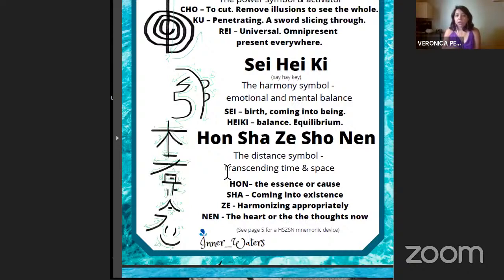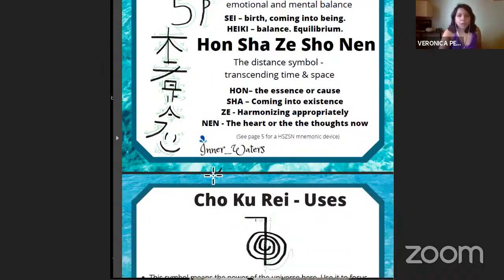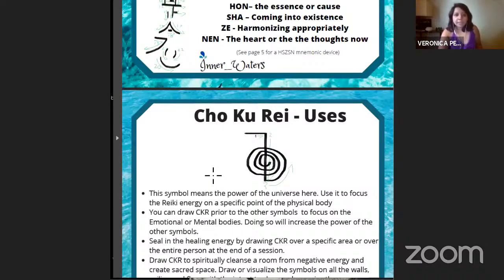Hon meaning the essence or cause, Sha meaning coming into existence, Ze harmonizing appropriately, and Nen the heart or the thoughts now. So it's taking everything from past, future, bringing it here, working on it in the now. I'll go into drawing them at the end.